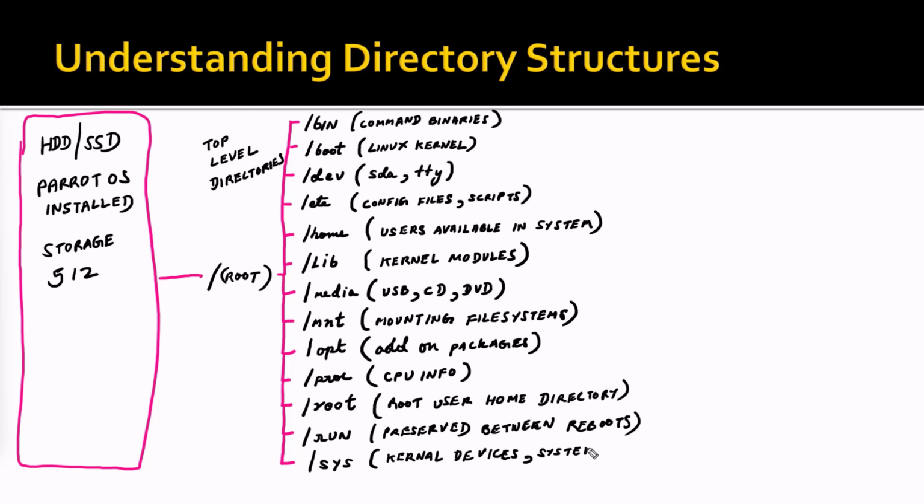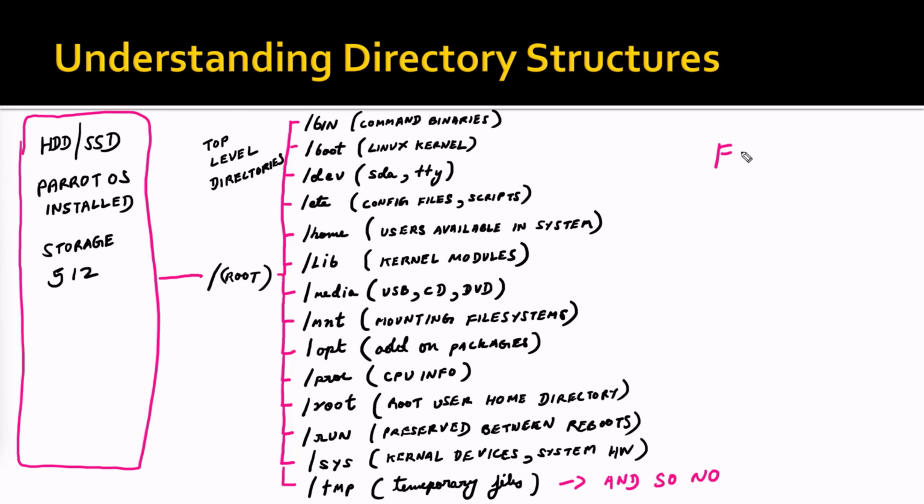It's used for system and device management. We have got /tmp, which is used for temporary files created by applications and the system. Files in /tmp are not guaranteed to persist between reboots and may be cleared periodically. And we've got so much more, such as /usr and /var, which we're going to cover later on.